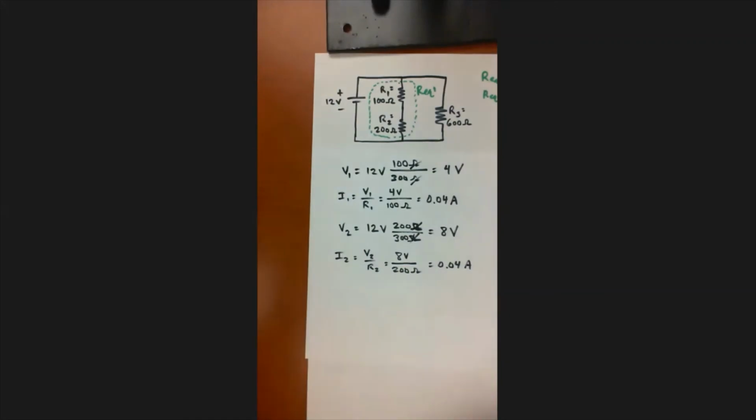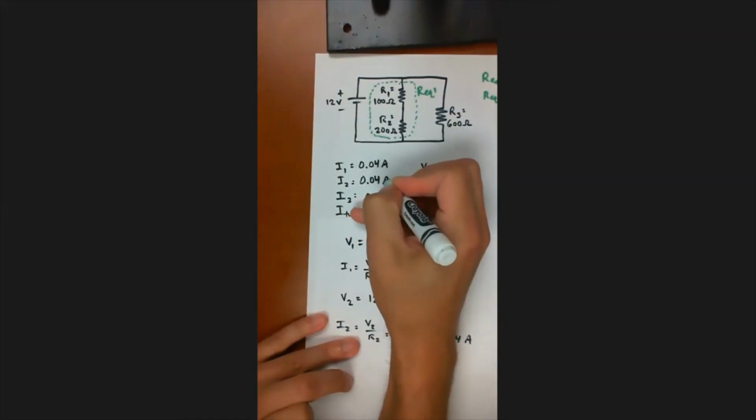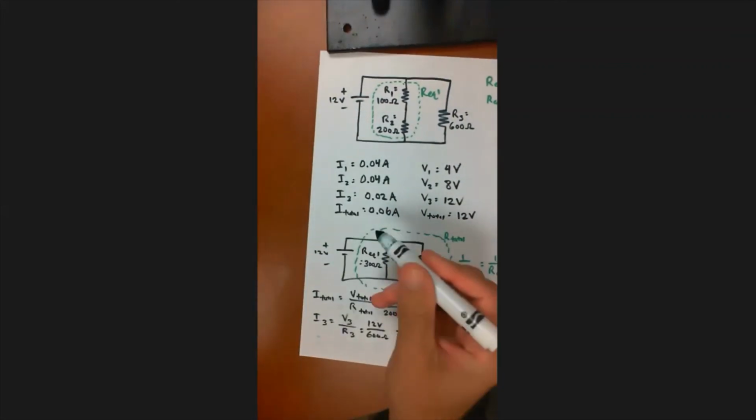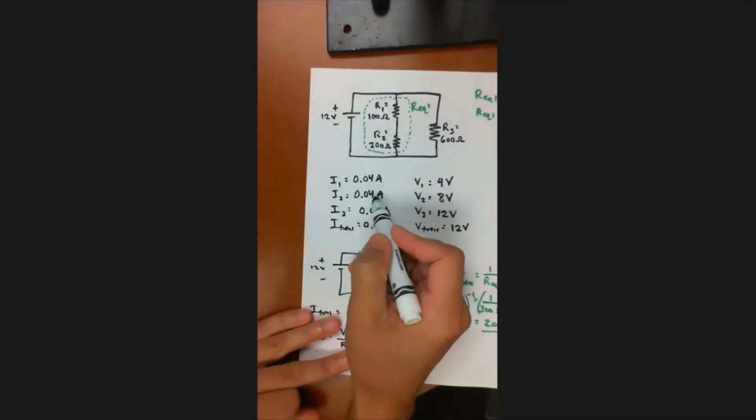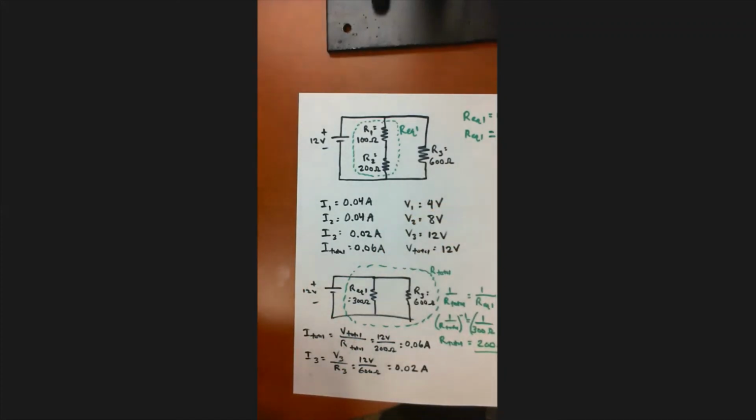So we can breathe a sigh of relief because we must have done it right, because I1 is equal to I2, and they're in series, so it better be equal, or else I would have been a liar a little bit ago when we wrote those conceptual things earlier.